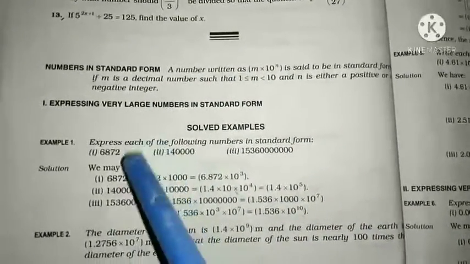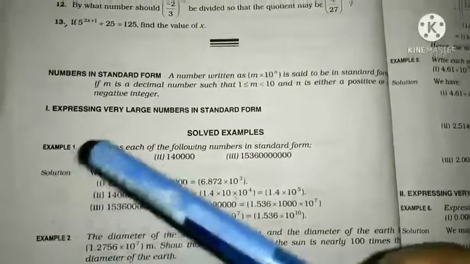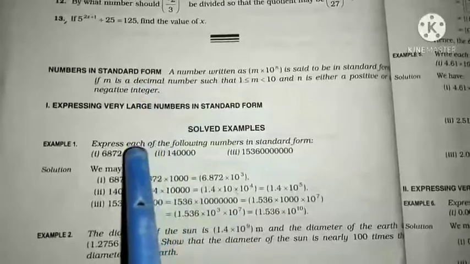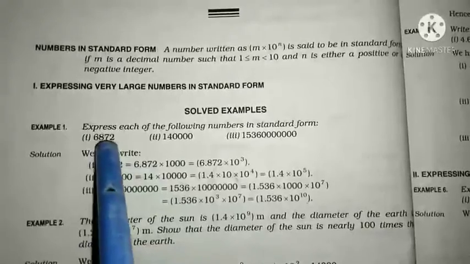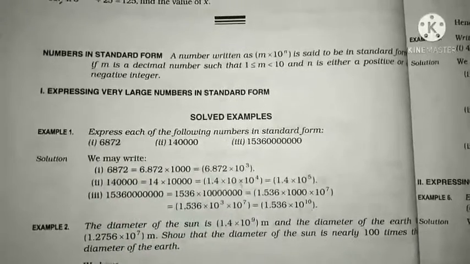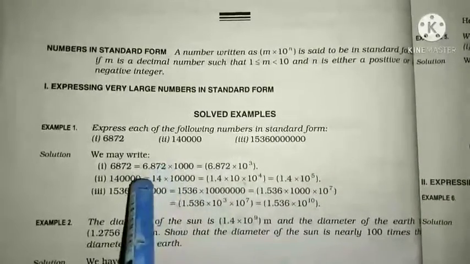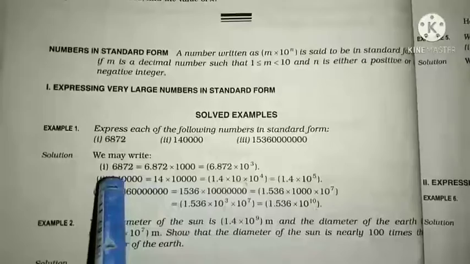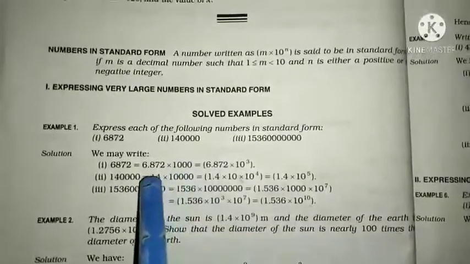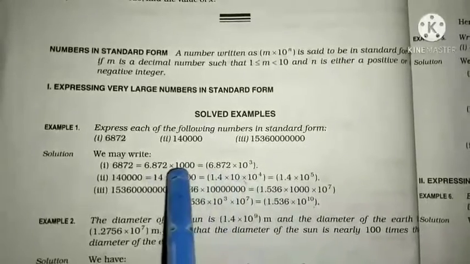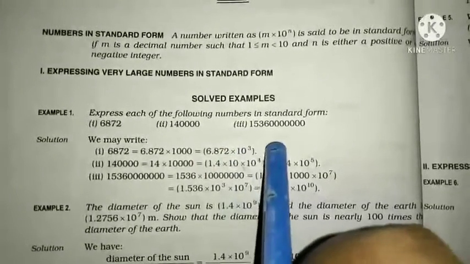So let's discuss some examples of how to represent any number in the given standard form or exponent form. First example is 6872. In this example, we are moving the decimal place 3 digits to the left. It means this will become 6.872, which can be written as 6.872 multiplied by 10 to the power 3.